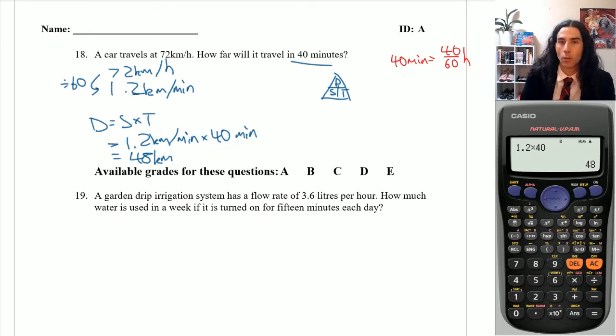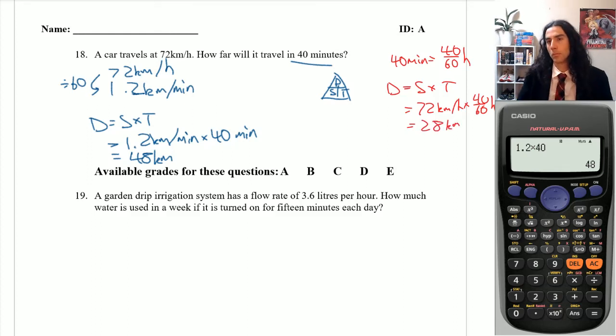Then you do the same thing: distance equals speed times time. 72 kilometers per hour times 40 over 60, which is 2/3, and you'd get the same thing. Because instead of dividing by 60 at the start, we're dividing by 60 now instead. Same thing. Ooh, that's not 28.